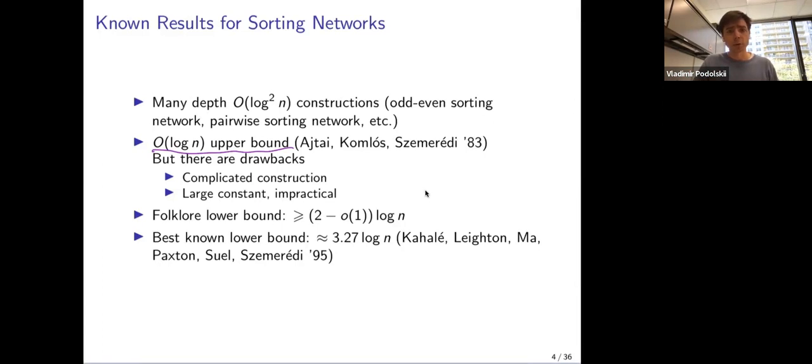Also note that big O notation is extremely convenient, but in this case it hides a rather large constant. So actually, no one uses this in practice, because for reasonable numbers n, this construction is still worse than some simple log squared construction.